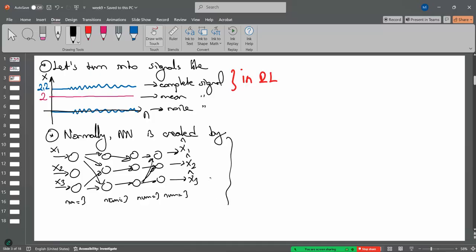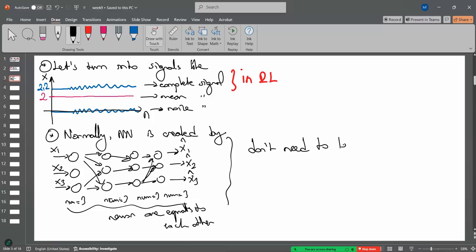And so if we minimize the error between output and input for this NN, then the minimization is done at the first step. We cannot learn the main parts or the noise parts, because the neuron numbers at every stage are equal to each other, which means that we do not need to learn anything here.